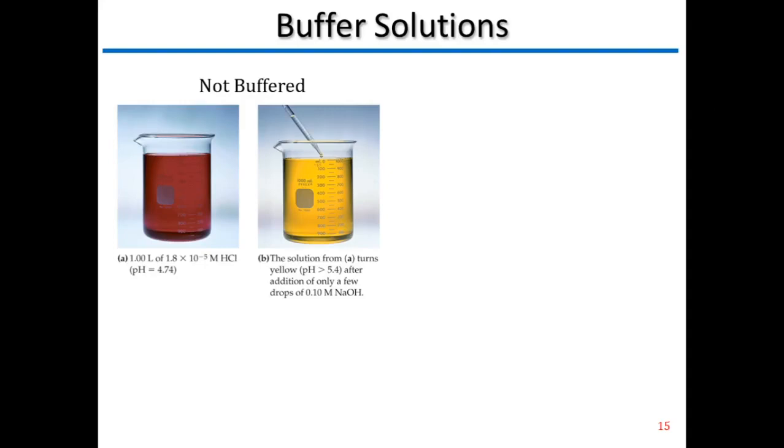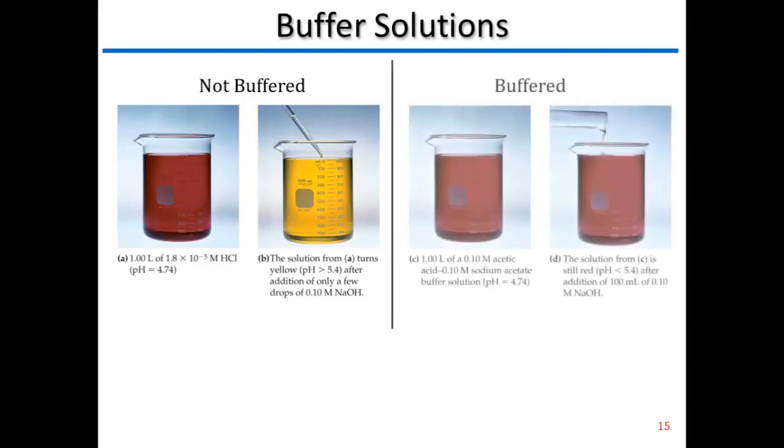Okay, so this would be an example of a non-buffered solution. So what if instead we have a buffered solution? So here we have 0.1 molar acetic acid and 0.1 molar sodium acetate. This buffer solution will have a pH of 4.74. And what's going to happen if we add either an acid or a base to it? So here we're adding the same base again, sodium hydroxide, same concentration.